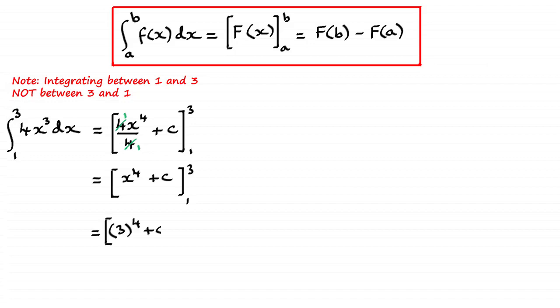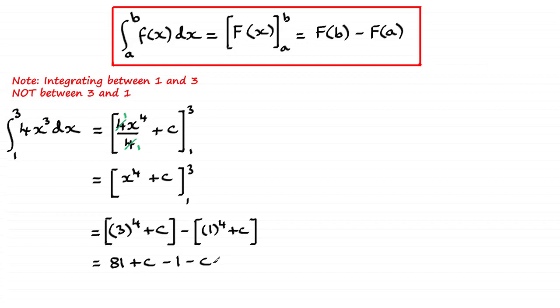So if we do that, we get 3 to the power 4 plus c, and then subtract 1 to the power 4 plus c. And working that out, we end up with 81 plus c for the first bracket, and I've removed the brackets across these two terms, so we get minus 1 minus c.